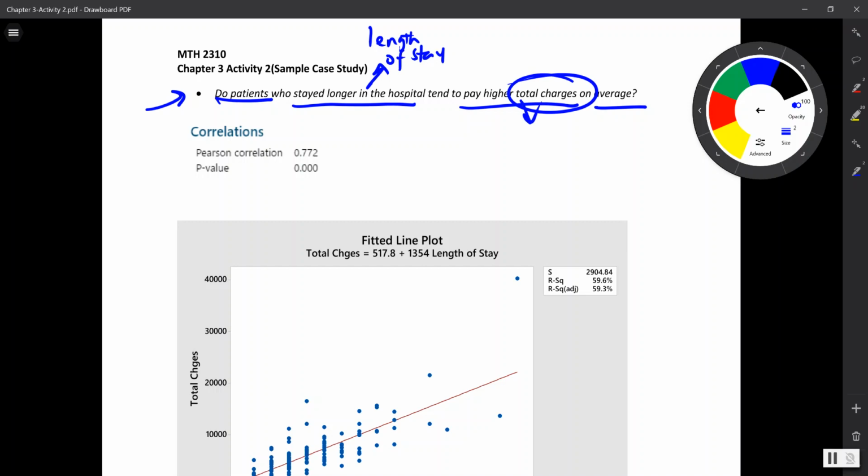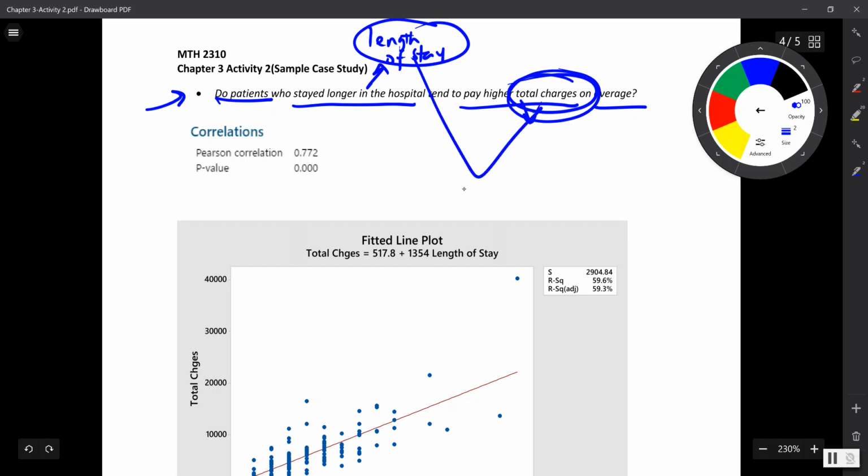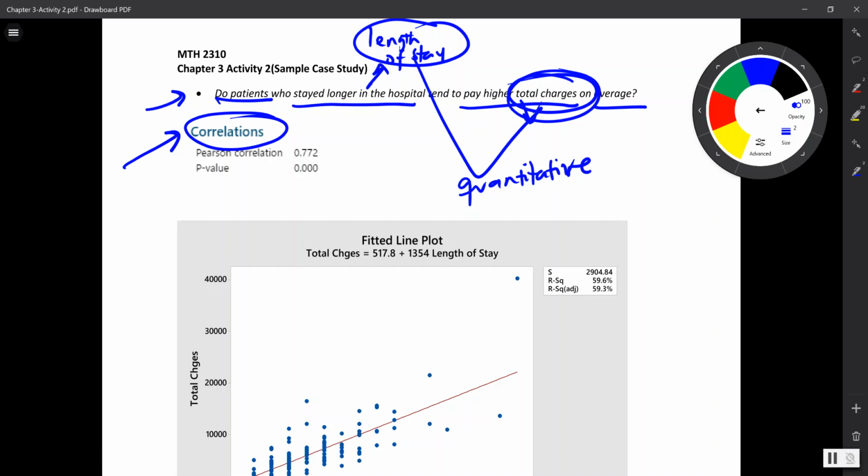In order to check if there is an association between these two numeric variables, take note, they are both quantitative or inherently numerical. One of the very first things we do is to compute what we call a correlation coefficient, also called the Pearson correlation coefficient. How do we do that in Minitab? Between these two variables, length of stay and total charges.